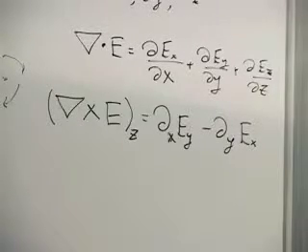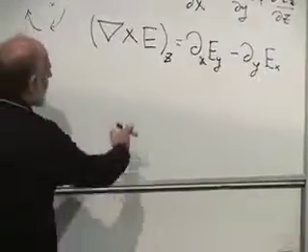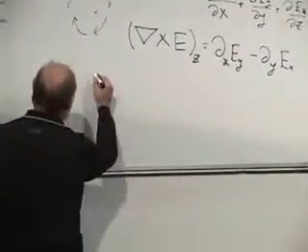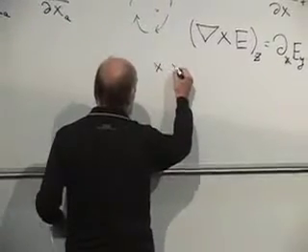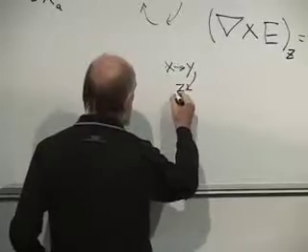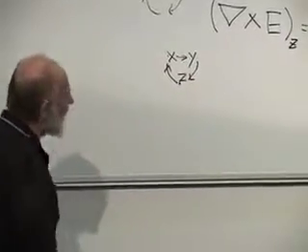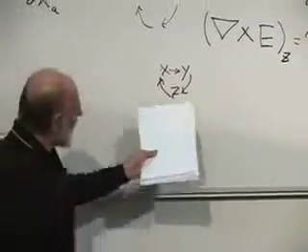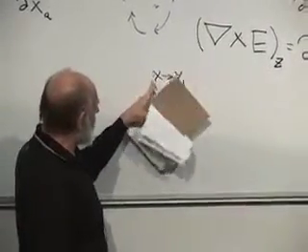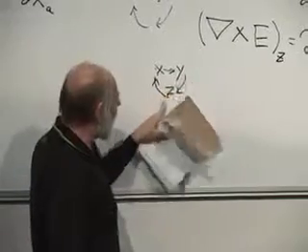Now if you want to go to the other two components of it, you just cycle through. Cycle in the following sense: x, y, z. X goes to y, y goes to z, z goes back to x. So here's what I mean by that. You go to the next equation by substituting for z, x, for x, y, and for y back to z.